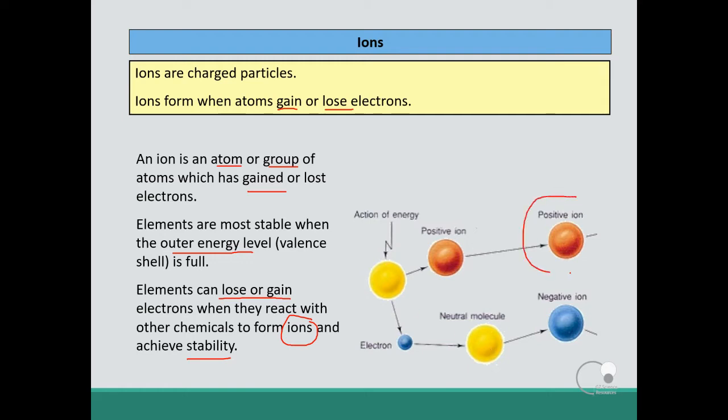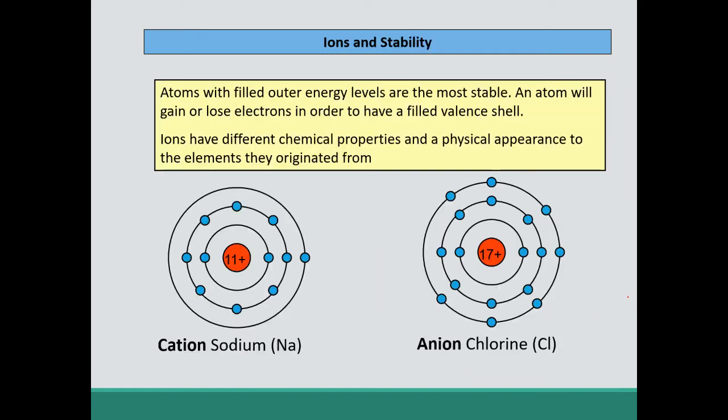You end up with either positive ions with a positive charge or negative ions with a negative charge. Atoms with filled outer levels are the most stable. An atom will gain or lose electrons in order to have a filled valence shell. Ions have different chemical properties and a different physical appearance to the elements they originated from.